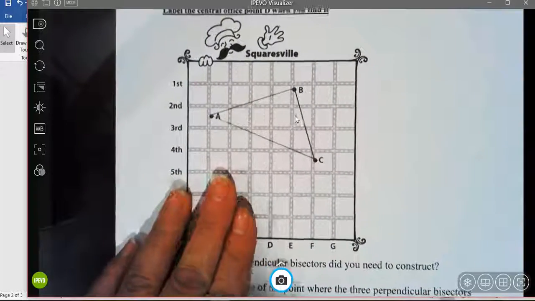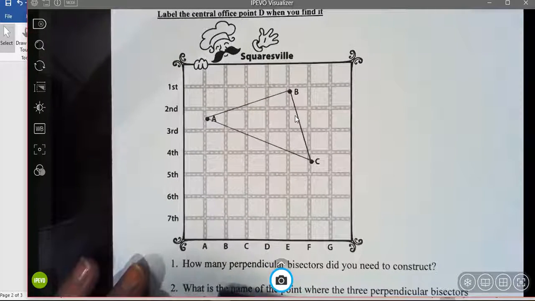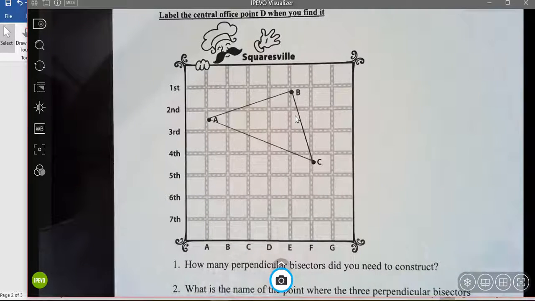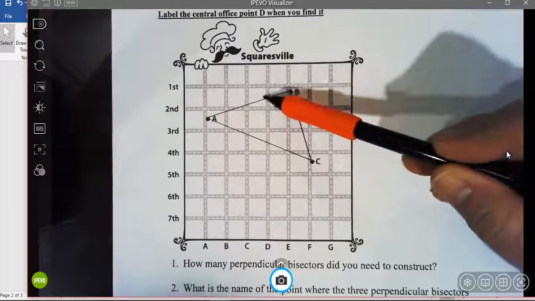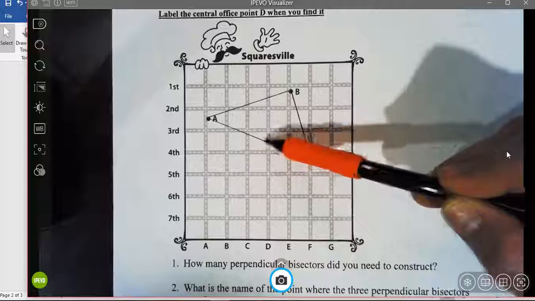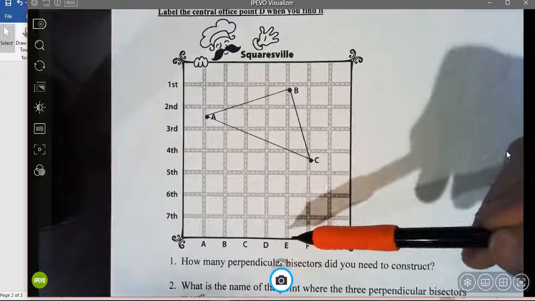Let's just go ahead and scroll down just a little bit. Question number 1 says, how many perpendicular bisectors do you need to construct? Now, we could construct all 3 perpendicular bisectors of the triangle, one for this side, one for this side, and one for this side. But I really only need 2.